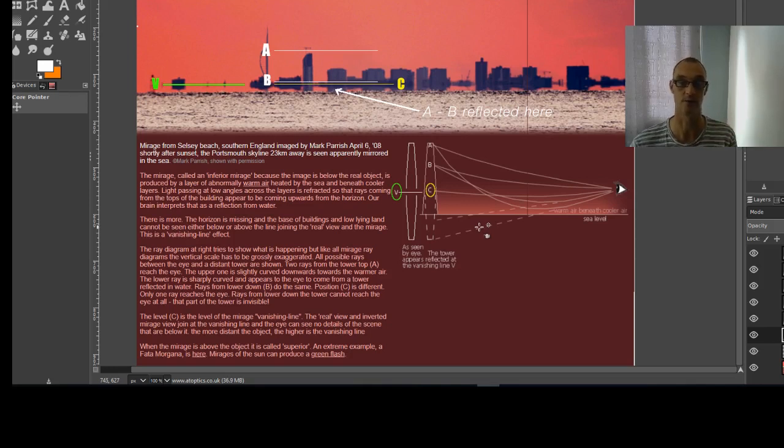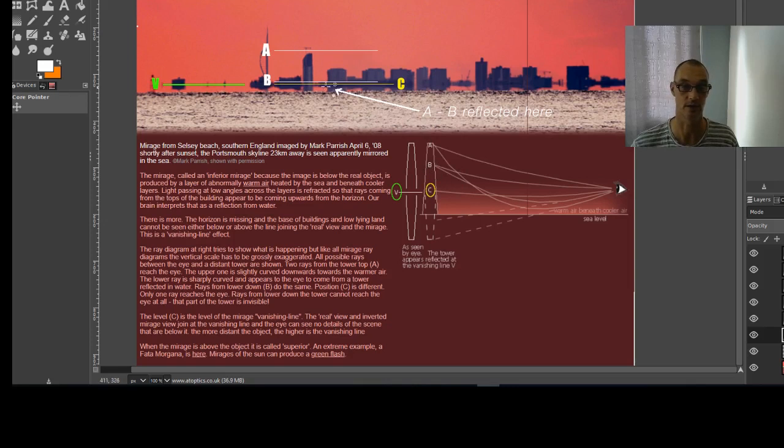But because of this mirroring, because the light coming to our eyes is being bent, refracted, diffracted, that is blocking off the view that we would normally have.